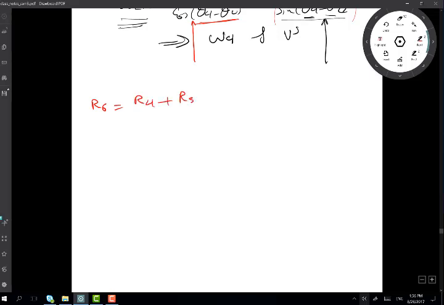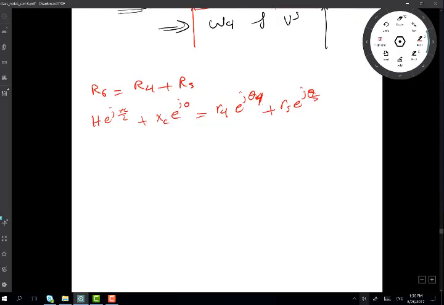So let's write this expression and see what will happen. R6 was actually two parts, the vertical a e to j pi over 2 plus the horizontal xc e to j 0, and that's equal to R4, which is constant length, R4 e to j theta 4 plus R5 e to j theta 5. So that's theta 4 and theta 5.